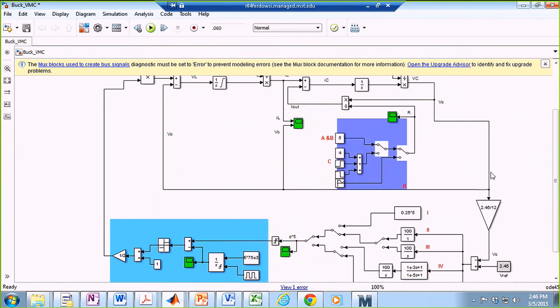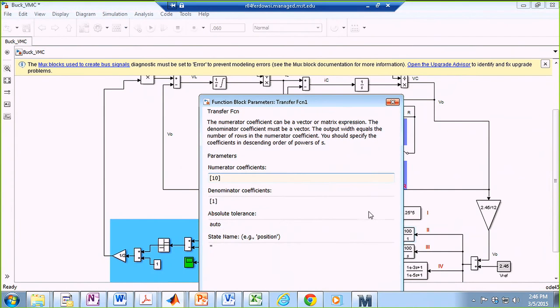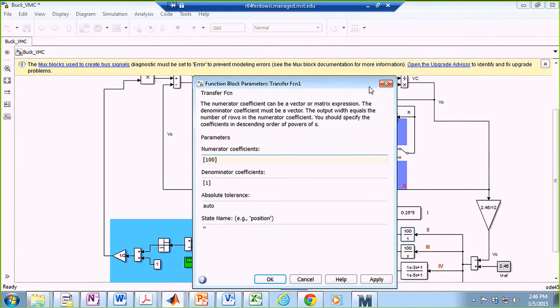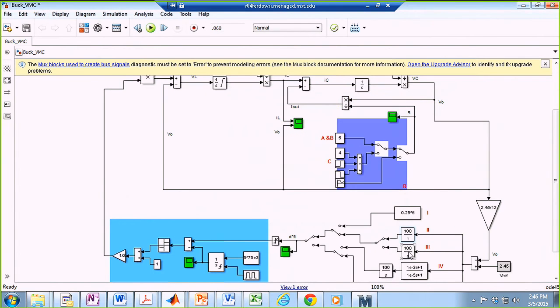Well, we face an error, so let's forget about that. Let's go to the next step. Let's say, in order to eliminate the steady state error, I want to add an integration block to my loop. So now my new transfer function is 100 over S.